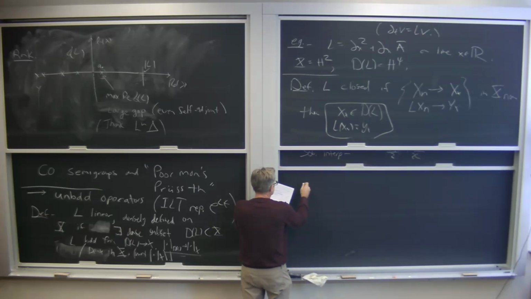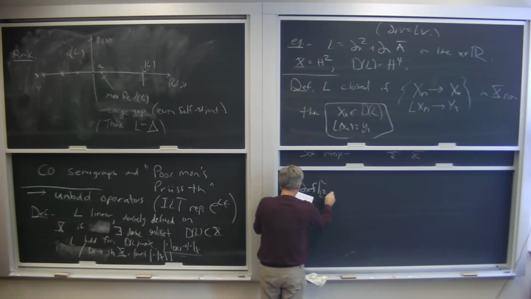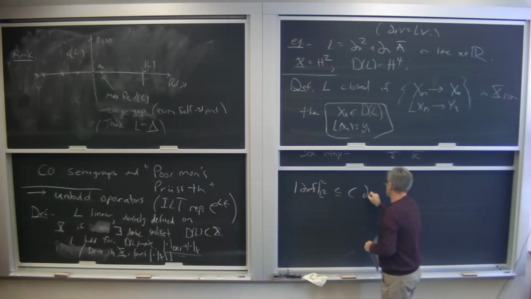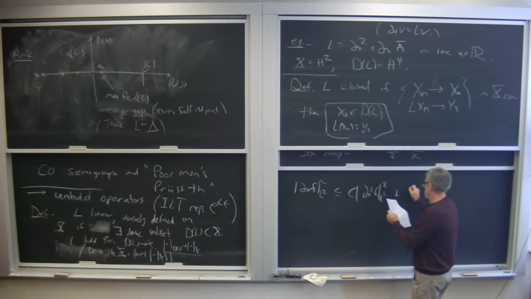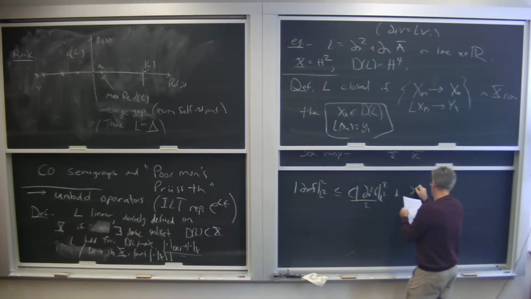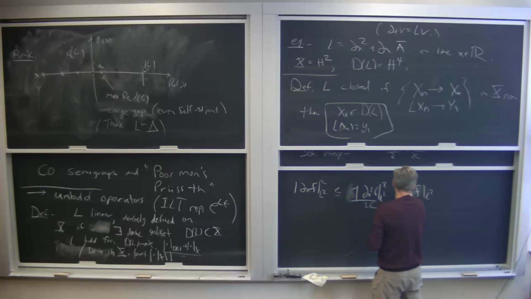I'm going to say that the L2 norm squared of dx f is less than or equal to a constant times the L2 norm squared of dx squared f plus a constant over 2c plus c over 2 times the L2 norm squared of f.